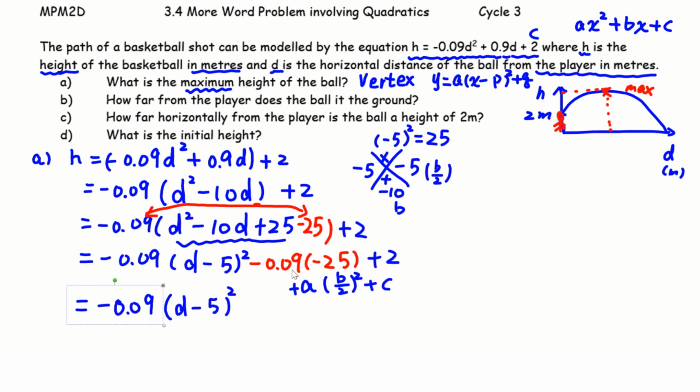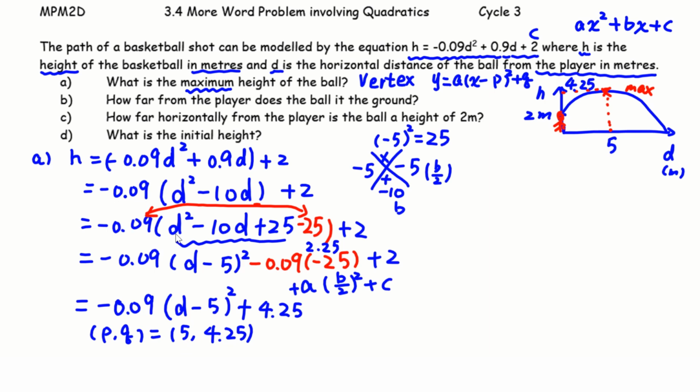Use your calculator, times it out, you will have plus, this one is 2.25, then plus 2 give you 4.25. So this is your vertex form. Compare it with the vertex form, you will see the vertex is 5, 4.25. So it means at this point, d value is 5, y value is 4.25.